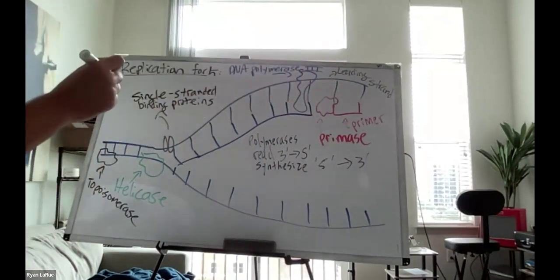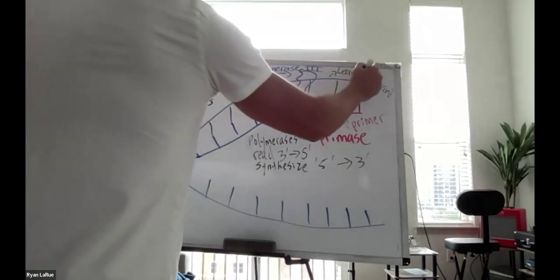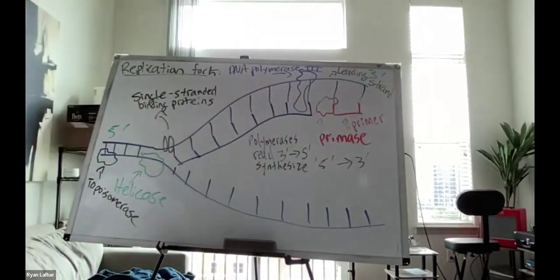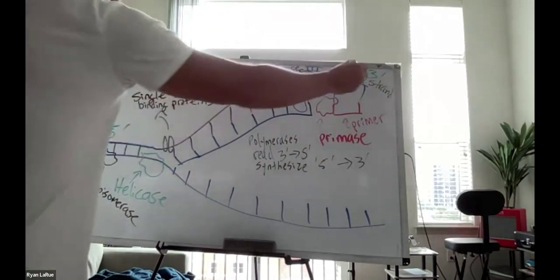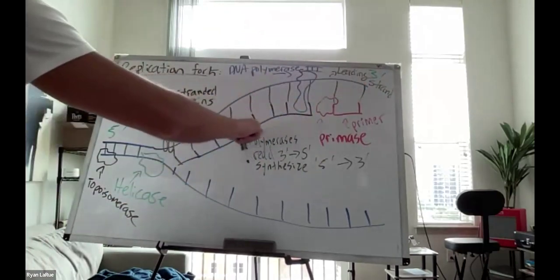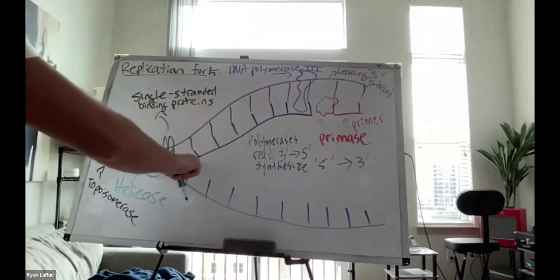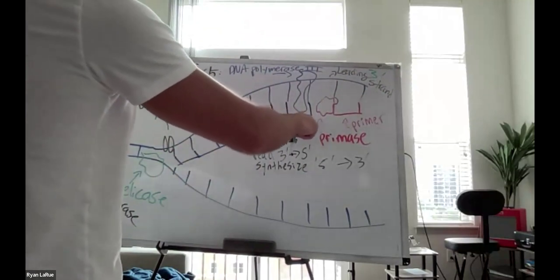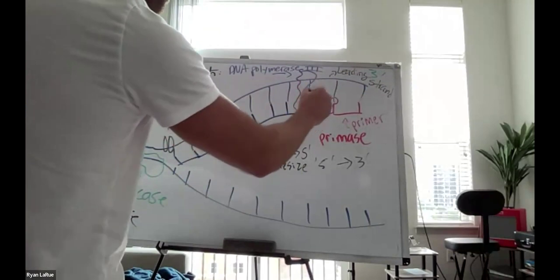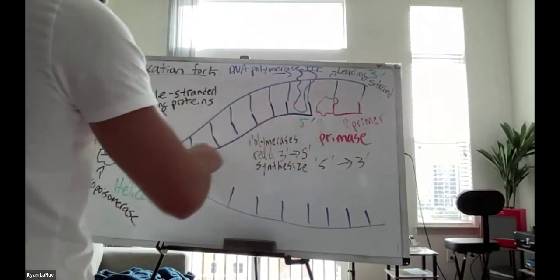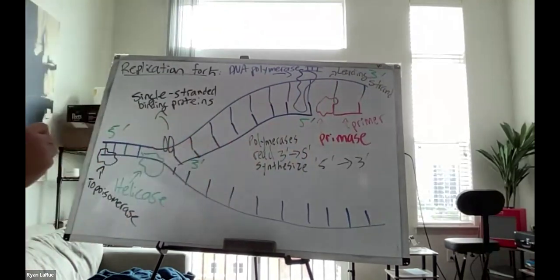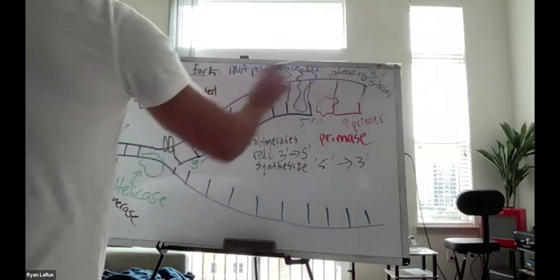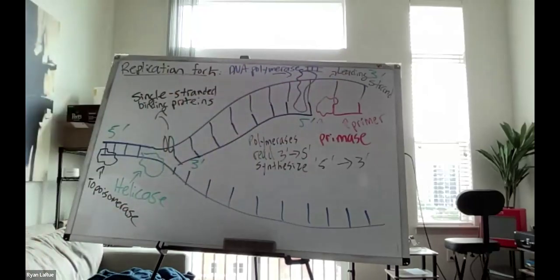It must mean that starting here is your 3 prime end, and ending here is your 5 prime end. So it's reading 3 to 5, but the new strand that's being synthesized, okay, is anti-parallel. It's complementary and anti-parallel more specifically. And so this would be 5 prime to 3. So it's synthesizing 5 to 3, but reading 3 to 5. Okay.